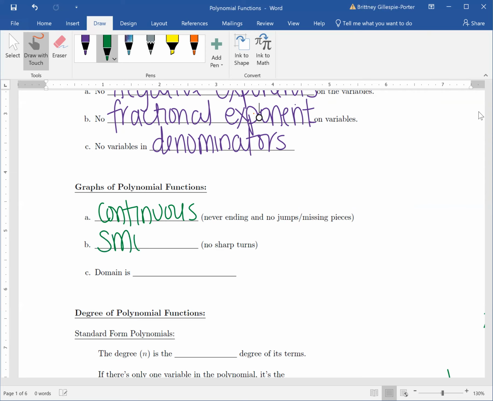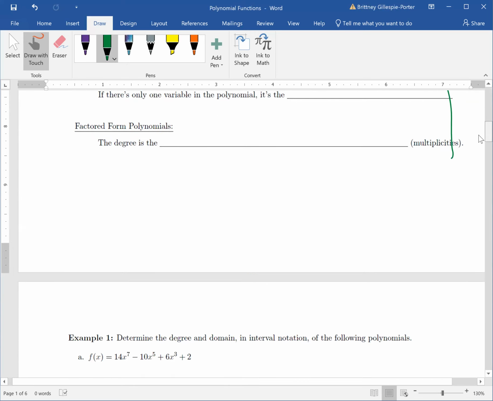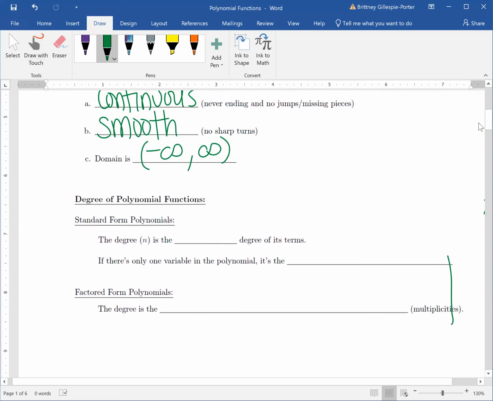They are smooth, which means no sharp turns. Like some of you may remember the absolute value, where it's a sharp V, none of those. And the domain is always negative infinity to positive infinity, just like when we were doing the quadratics and they had the domain of negative infinity to positive infinity, all real numbers.